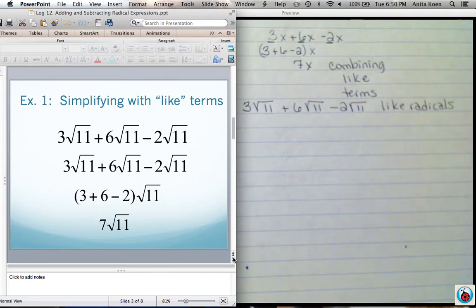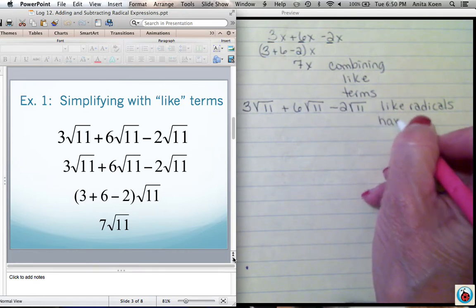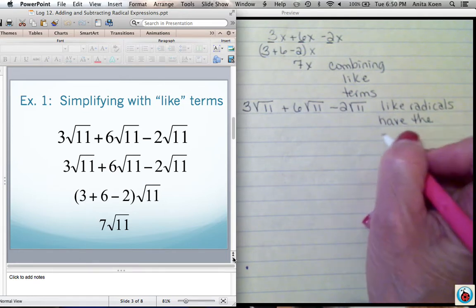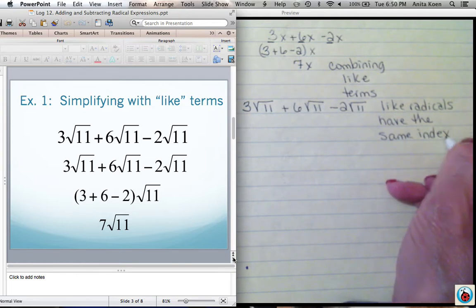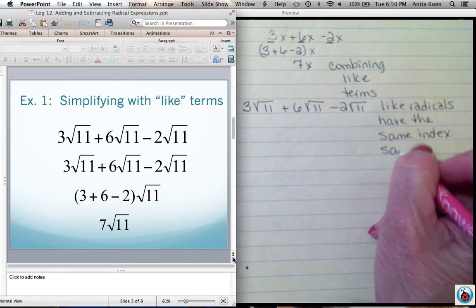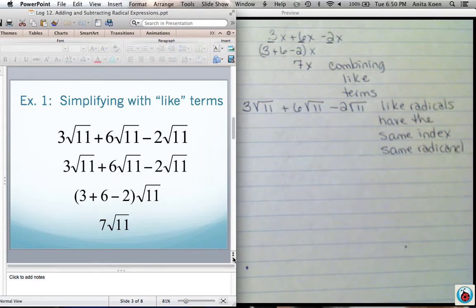So like radicals have the same index and the same radicand.